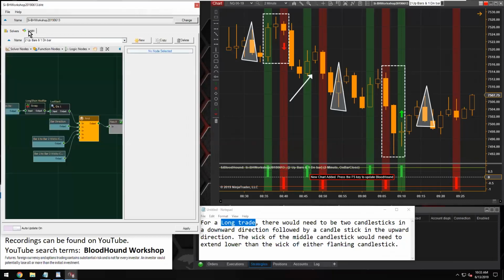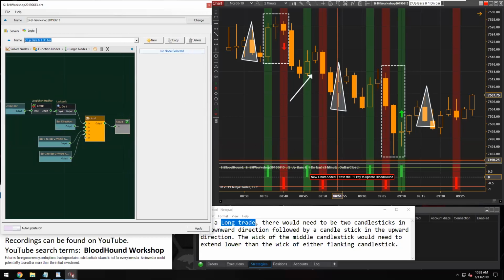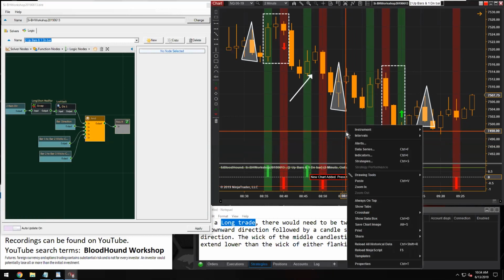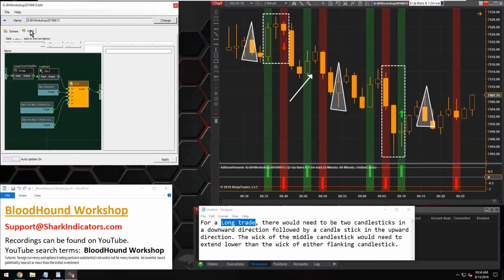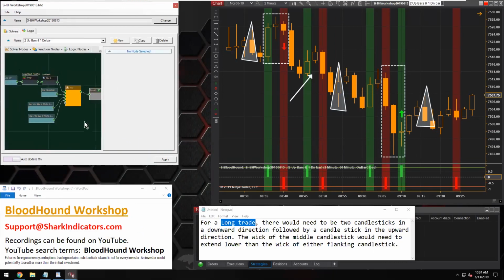Now we can switch back to the logic board here, and note on the chart, BloodHound's saying that we need to press F5 to add that 60-minute chart. So I'll go ahead and do that now. Let's reload the chart. There we go. And let's go back to our logic board.